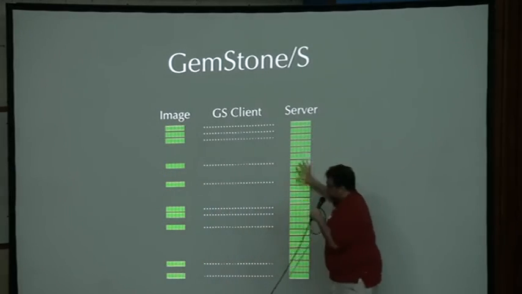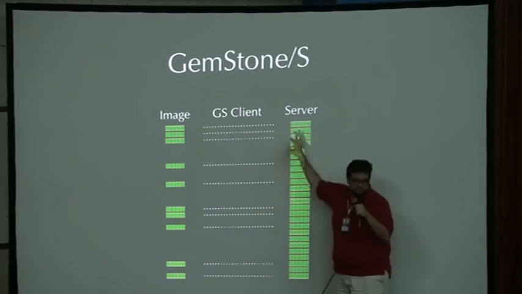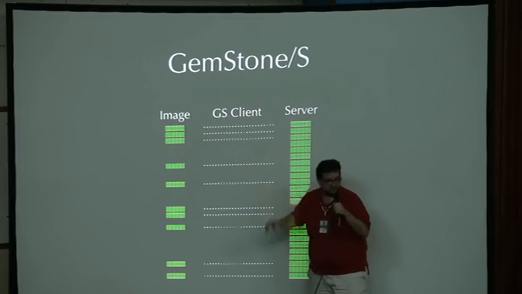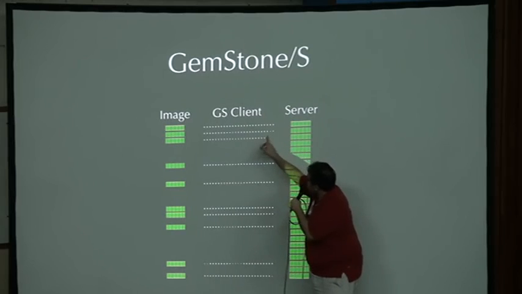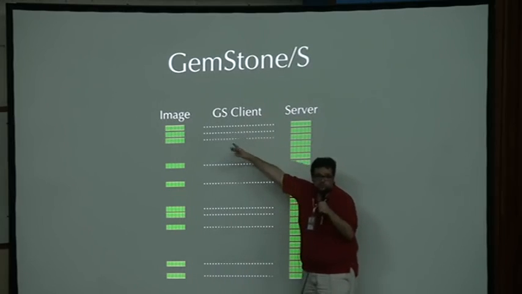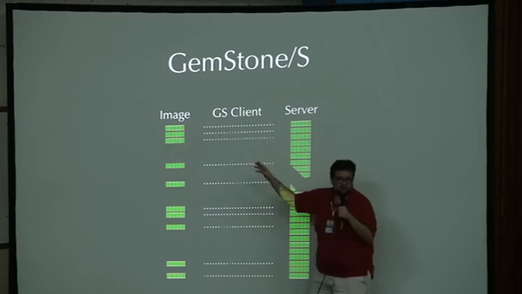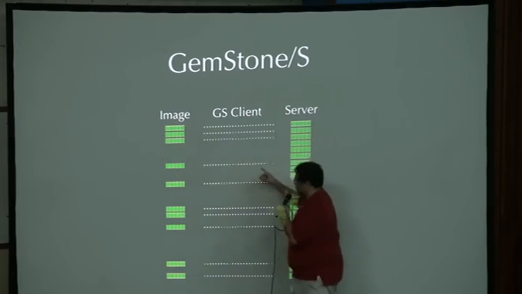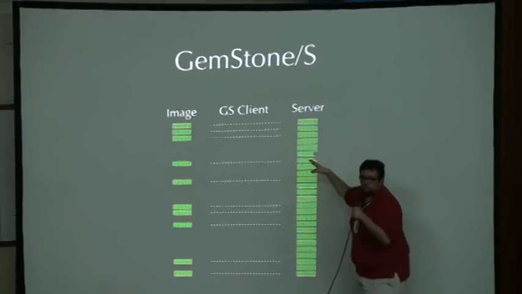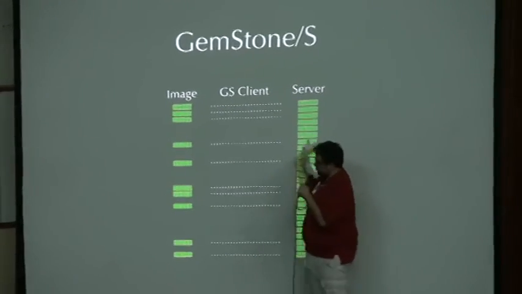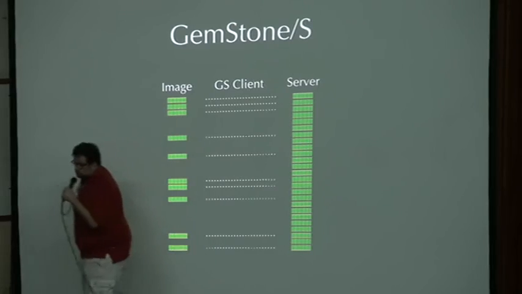The server has all the objects, but the client only has some of them, because the server can be much bigger than what a client can remember. And so the GemStone client has to arrange a relationship between what's in the image and what's in the server to keep track of this: this object changed, so when I commit, I have to put it here, or I abort the change, so I have to get a new copy of this object, so I have to replicate it over there, and so on and so on.